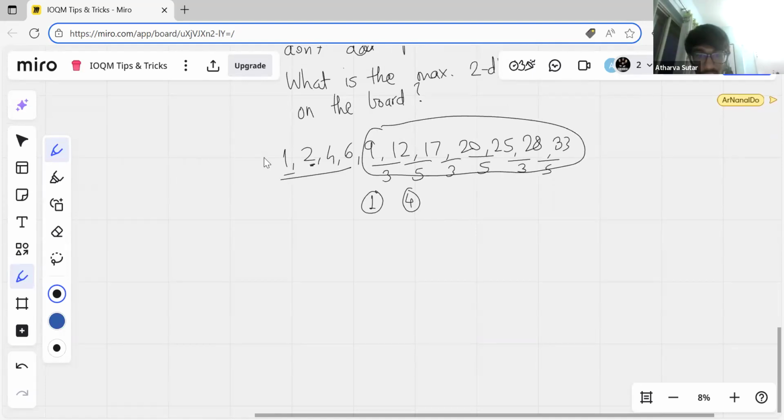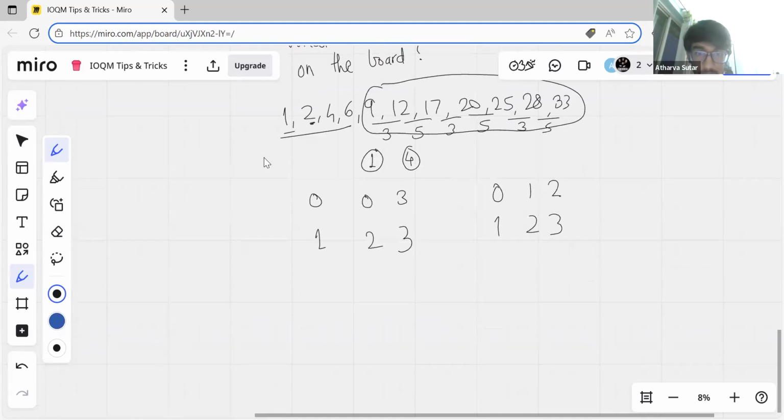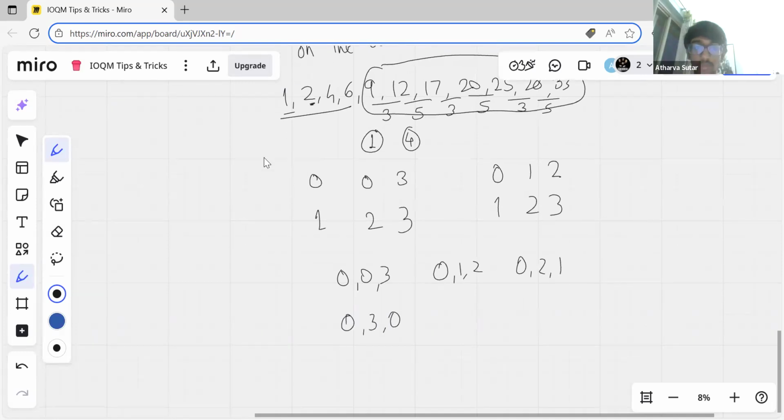So you have possible arrangements, assume first, second, and third child. The first child could get 0, and the second child could get 0, and the third child could get all three of them. This is one case. Then the second case is the first child gets 0, the second gets 1, and the third gets 2. So 0, 0, 3 is one case, 0, 1, 2 is another case, 0, 2, 1 is another case, and 0, 3, 0 is another case.